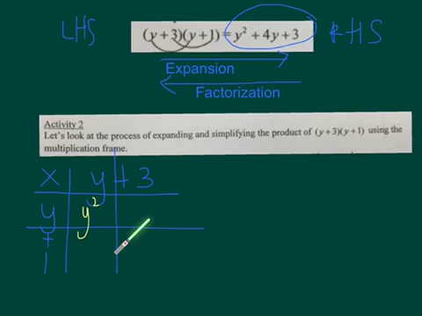Then, how about the box on this side? So, what happens here? y times 3. Therefore, you get positive 3y. Okay?